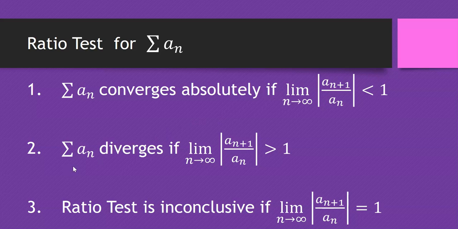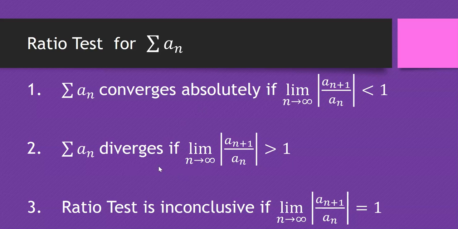This series is going to diverge if that limit, again, the limit of the ratio of the n plus 1 term over the nth term, is greater than 1. So we look at this special ratio, and if it's less than 1, then we know it converges absolutely.